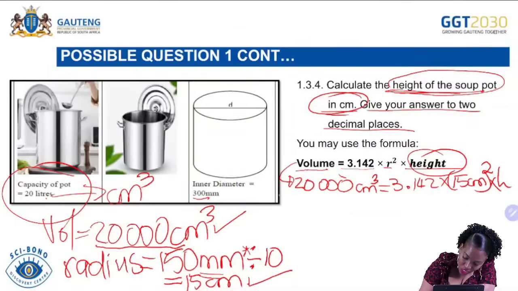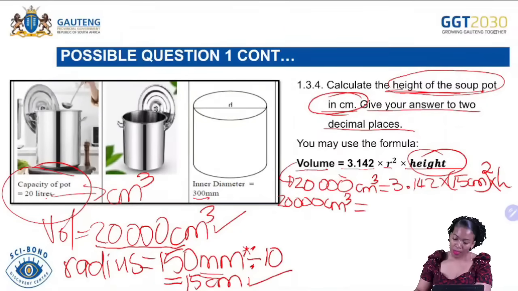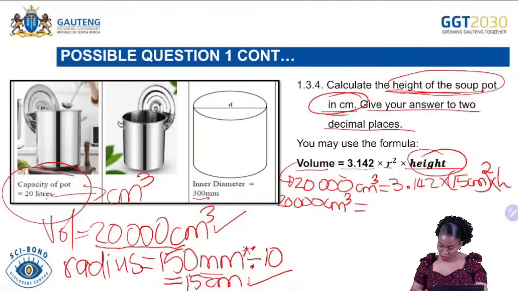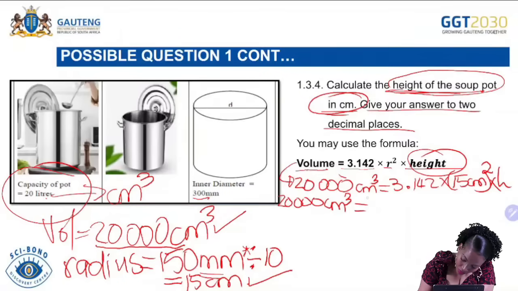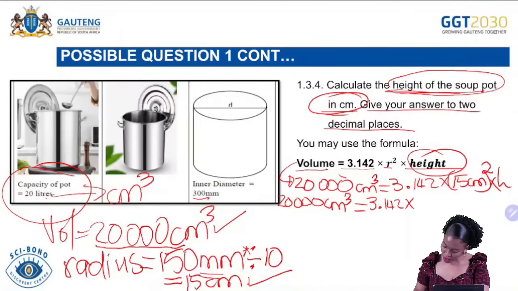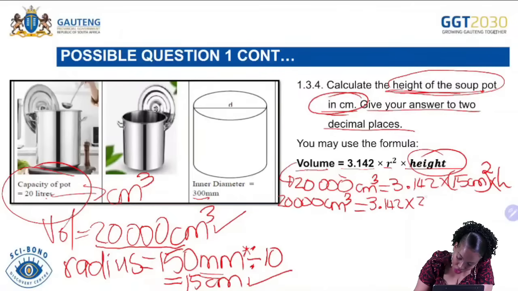And then from here, guys, we do the math. 20,000 centimeters cubed equals 3.142 multiplied by 15 squared. Remember, the 15 must be squared. 15 squared is 225. It is not 15 times 2, it is 15 times 15.